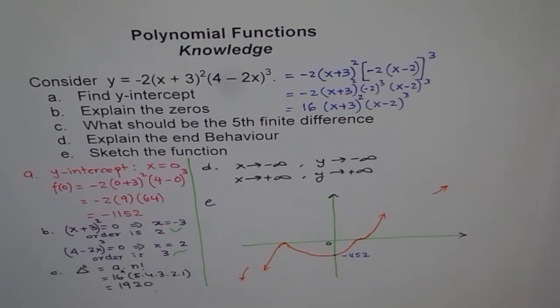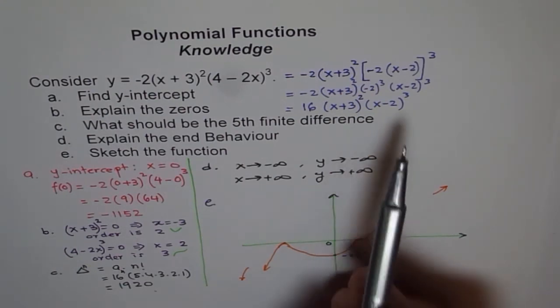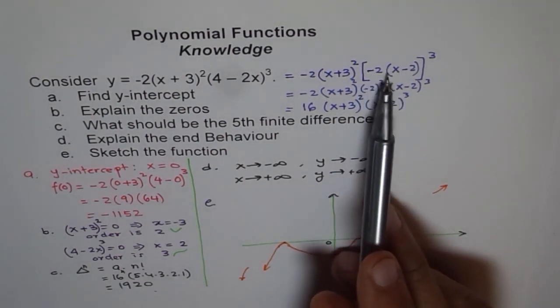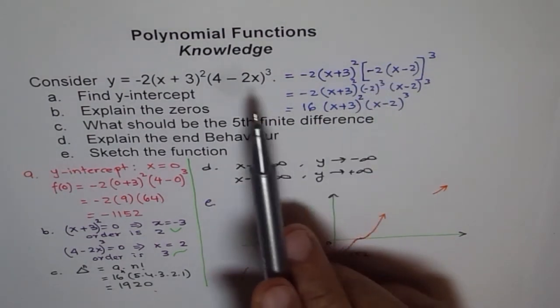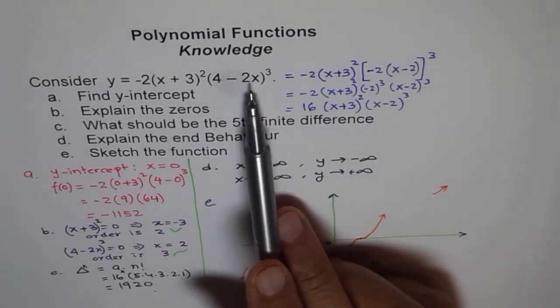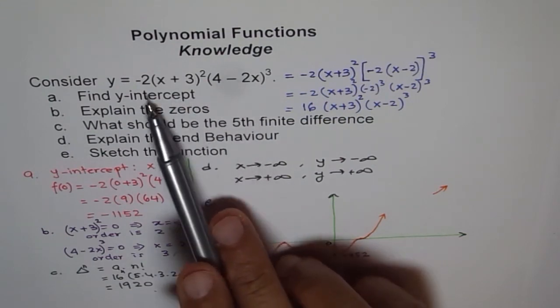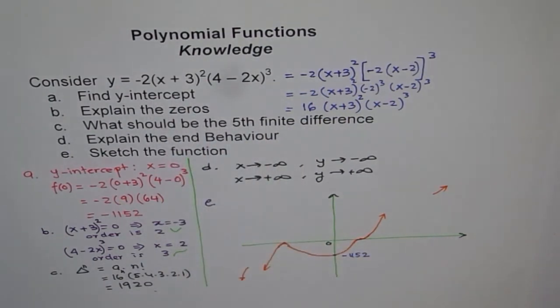Okay? I hope you understand and appreciate the way I've done it, and don't make the mistake of not factoring out this number, coefficient of x, from here, because that affects your leading coefficient and makes things very different. Okay? I hope you understand it. Thank you.